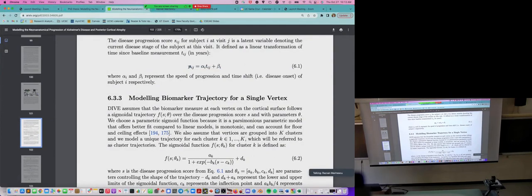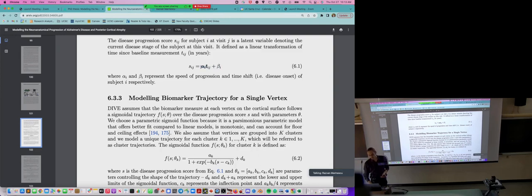We were assuming that, given a particular age, where Tij is the age of subject i at clinical visit j, we were estimating a disease score S, which is a linear transformation of the age.